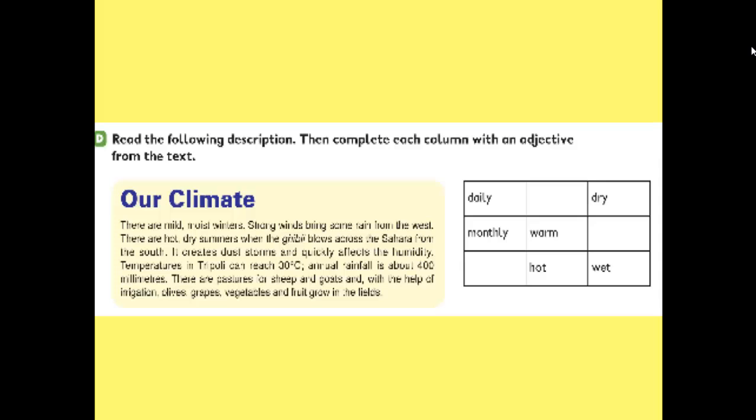Here, if we look at the first column, we can see daily, monthly, so we put annual. Annual means every year. The second column contains warm, hot, so we can put at the top cold. Then the third one, dry and wet, we can put in the middle moist.